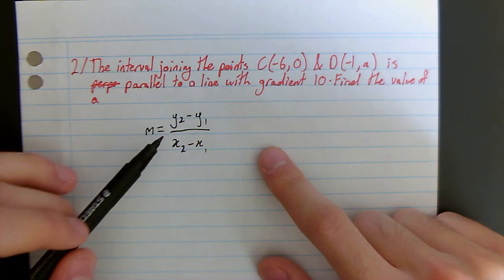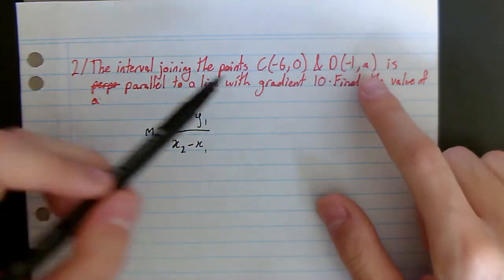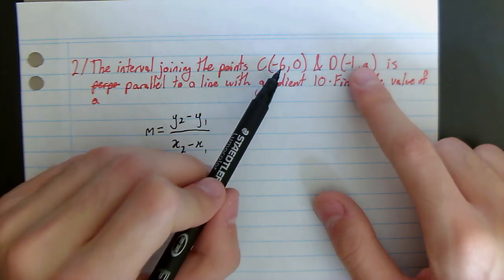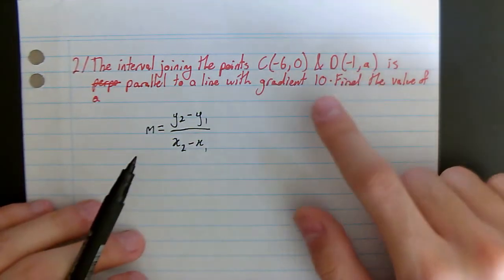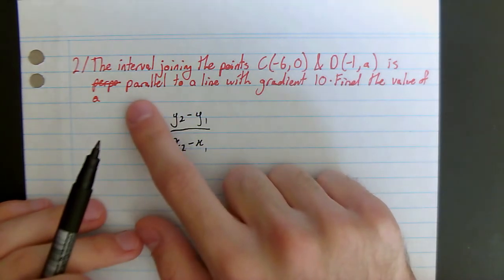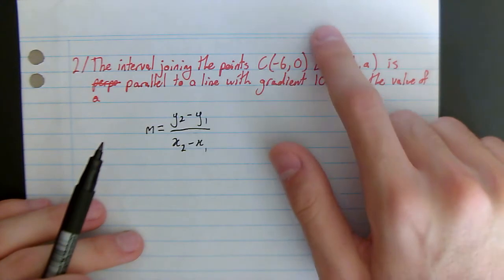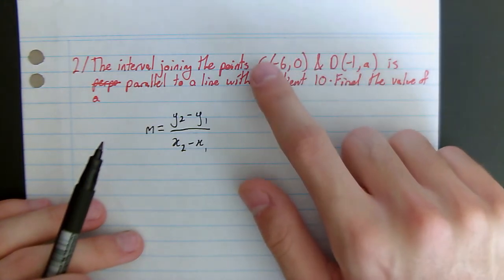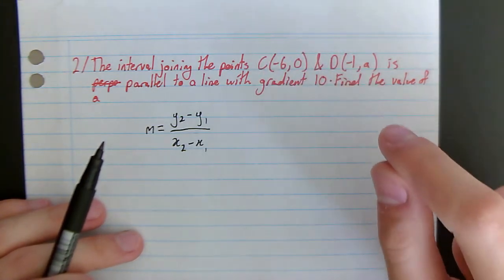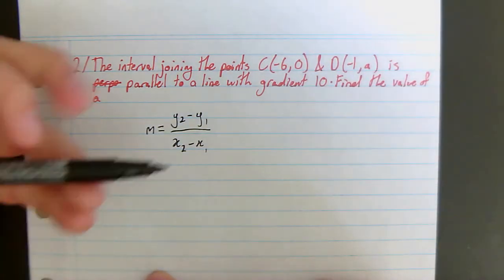Now, why am I going to be using the gradient formula? I'm going to be using the gradient between these two points, and I'm going to say that it's equal to 10. Why is that? Because it's a parallel line, and remember, parallel lines have equal gradients. So the line which joins C and D has a gradient parallel to 10, which means its gradient indeed is 10.